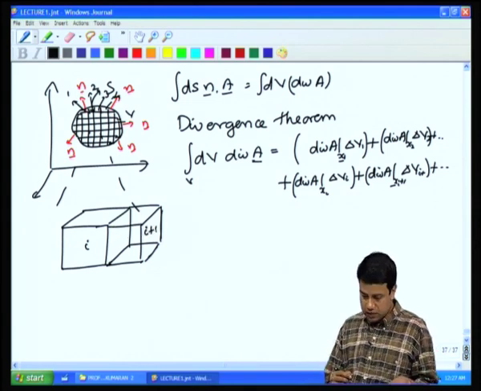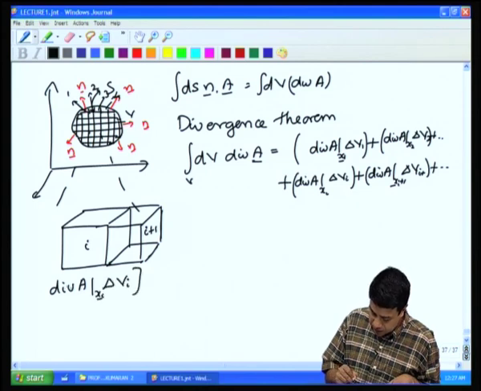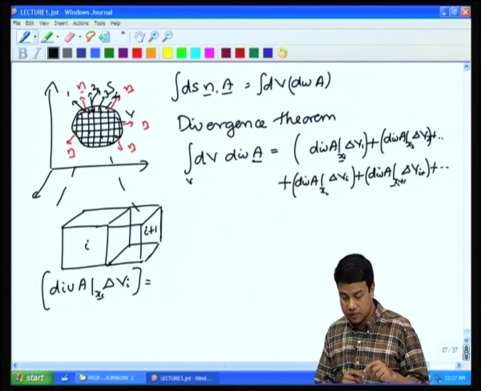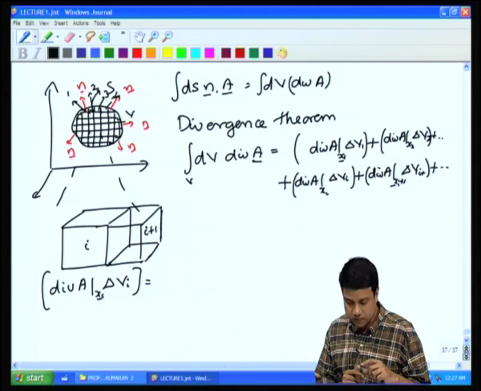Okay. So, if I take divergence of A at xi times delta Vi, for this I can now apply the divergence theorem, because this is now a differential volume.